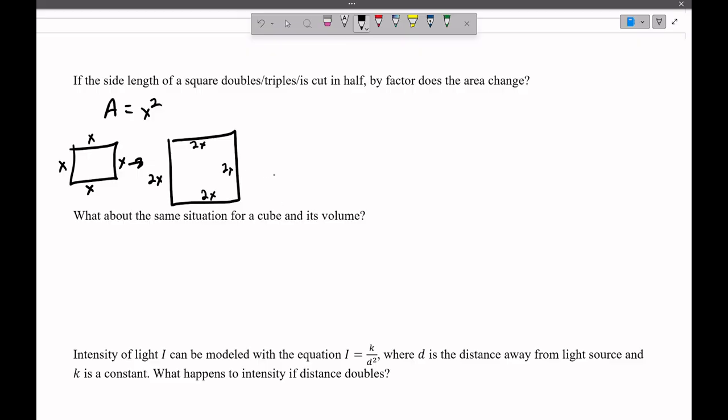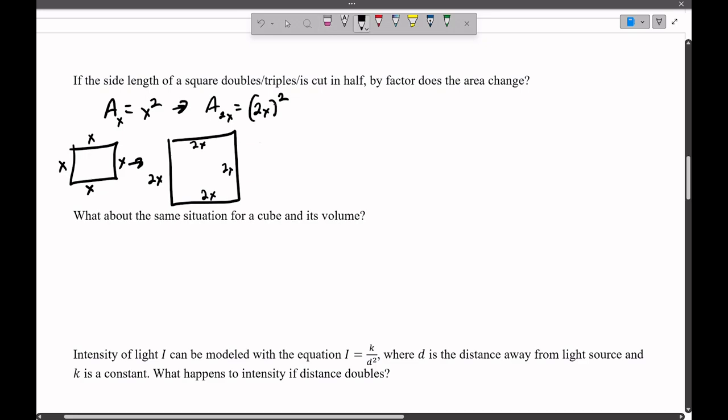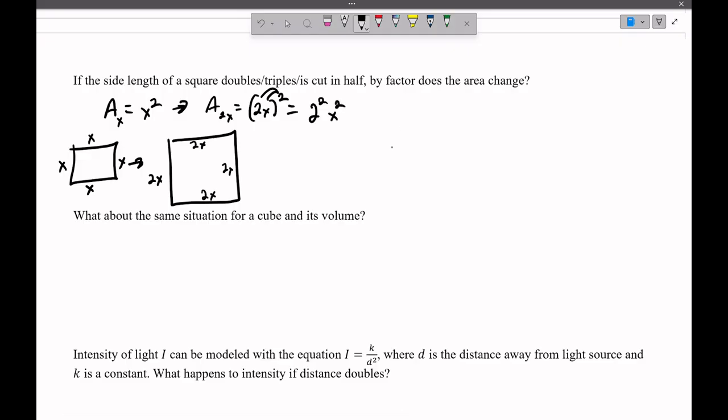Of course, here this changes. I should do area of x, and then this becomes area of 2x equals 2x, and this is being squared. Of course, we have a thing that's multiplying on the inside of a power. This is the same thing as 2 times x, and this can be rewritten by distributing the power as 2 squared times x squared.